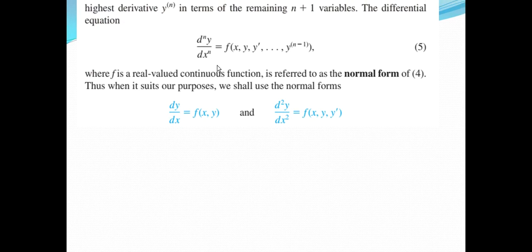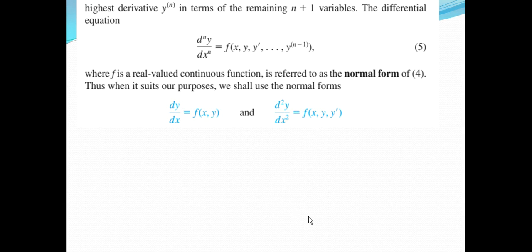The differential equation d^n y/dx^n = f(x, y, y′, y″, up to y^(n−1)). So this is n + 1 variables. Here f is a real valued continuous function, referred to as the normal form. Thus, when it suits our purposes, we shall use the normal form dy/dx = f(x,y) and d²y/dx² = f(x, y, y′).